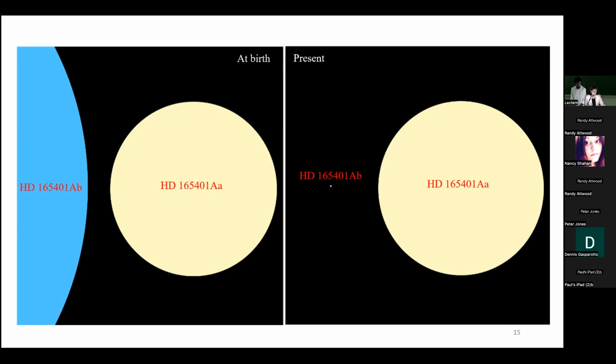But this big blue star turned into this small dot that you see. Can you see my cursor? Yep. Here. This became this. And because of that, our initial scenario about the mass transfer was confirmed, because it gave mass to the primary star as it expelled its outer layers.